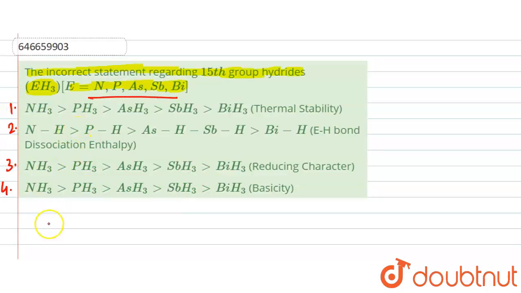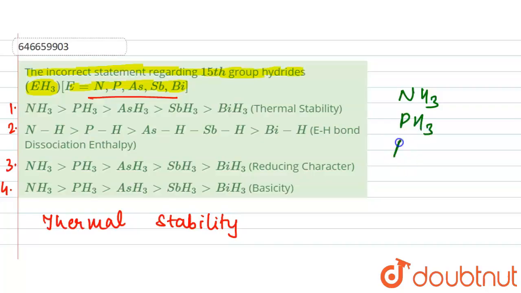The first statement is regarding the thermal stability of the hydrides. The thermal stability gradually decreases when we move from NH3, PH3, then AsH3, SbH3 and BiH3.